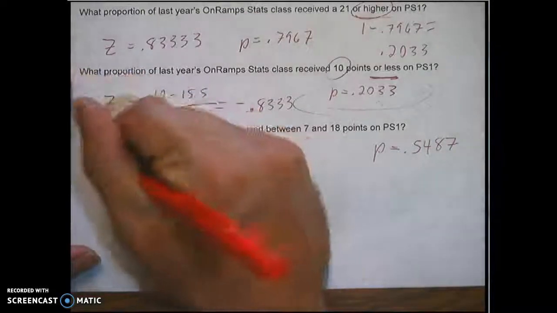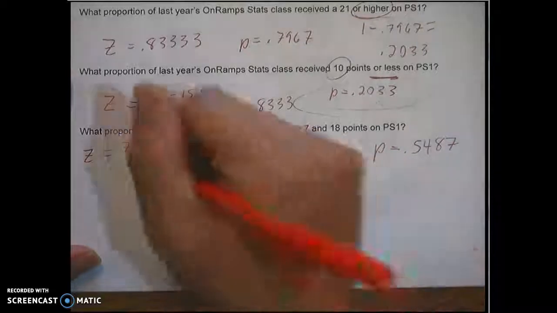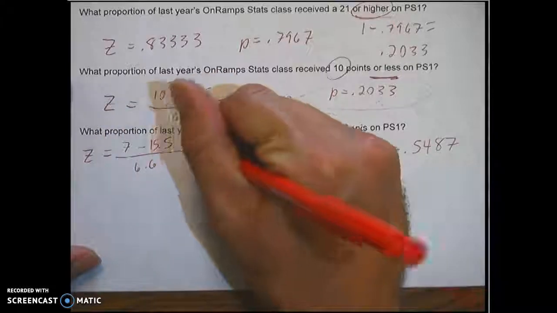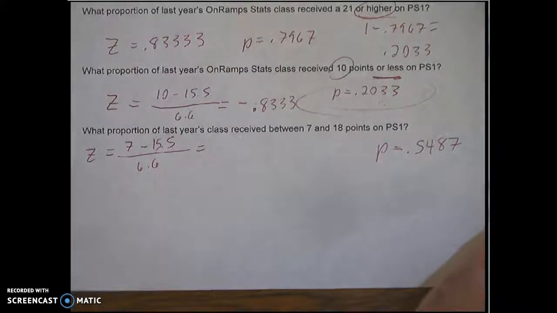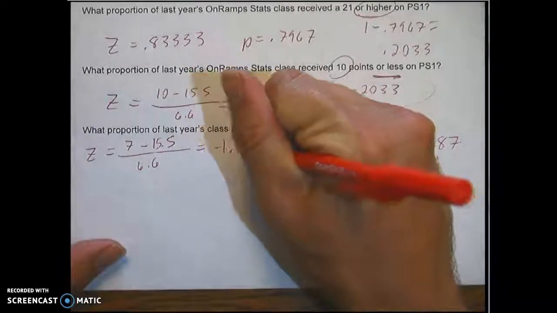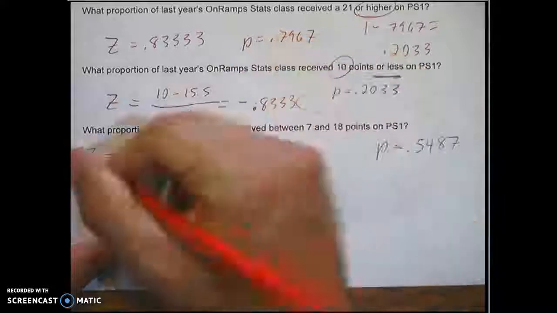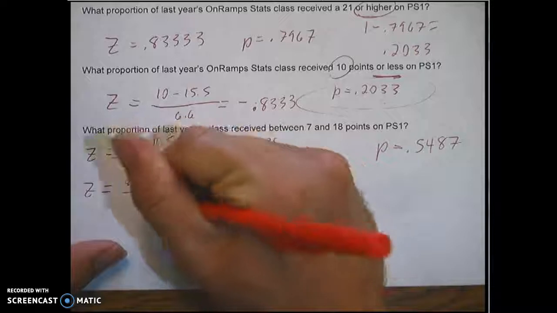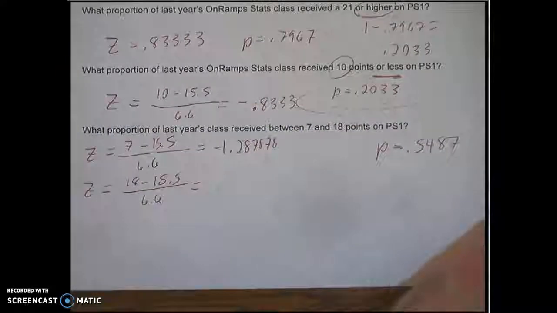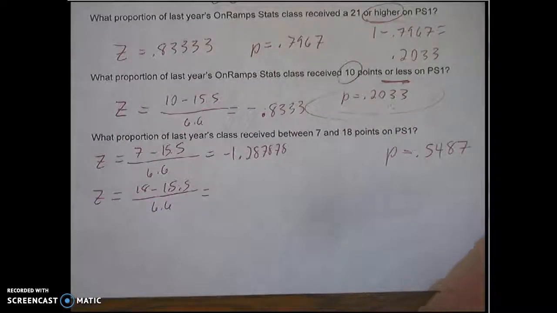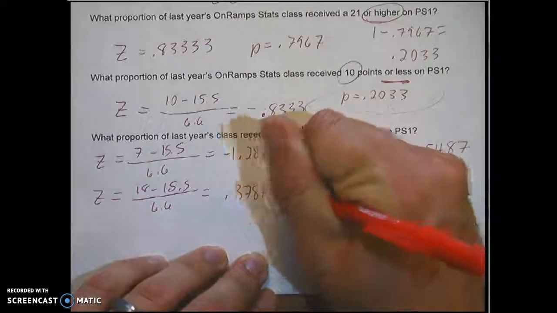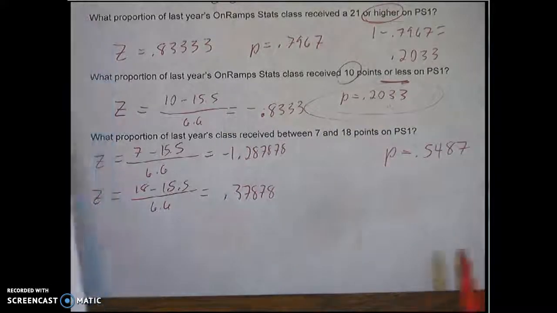So I need the z for 7, which is 7 minus 15.5 over 6.6, which is negative 1.287878. And then the z for 18, which is 18 minus 15.5 divided by 6.6, is 0.37878. So I'm looking up these probabilities here.